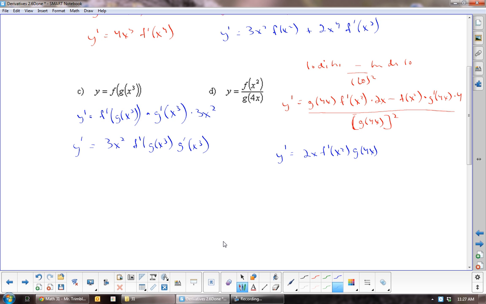That's even more in alphabetical order, which I would not penalize if you had g of 4x before that. Then minus 4 f of x squared g prime of 4x, all over g of 4x squared.